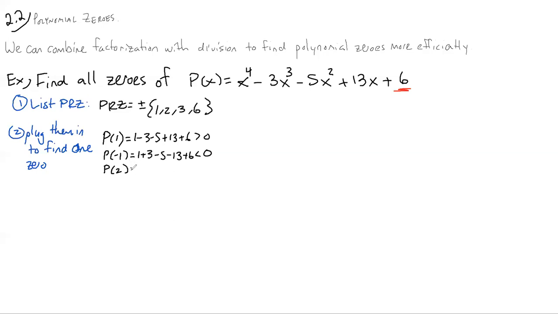So P of 2, 2 to the 4 is 16, minus 3 times 8, 24, minus 20, plus 26 plus 6. So what do I have here? Minus 44.